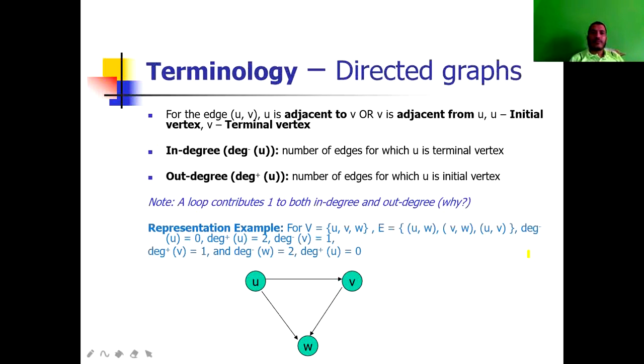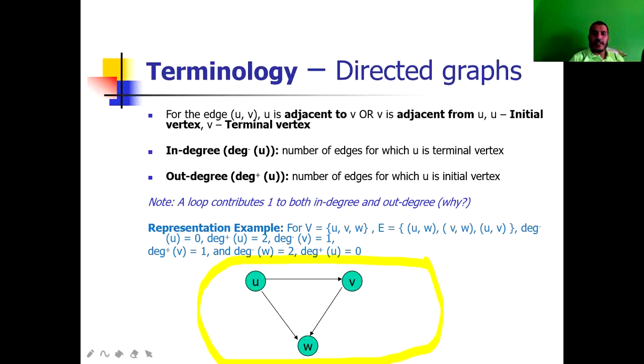Now the same thing in a directed graph. The concept changes a little here, because in a directed graph we have an initial vertex as well as a terminal vertex.